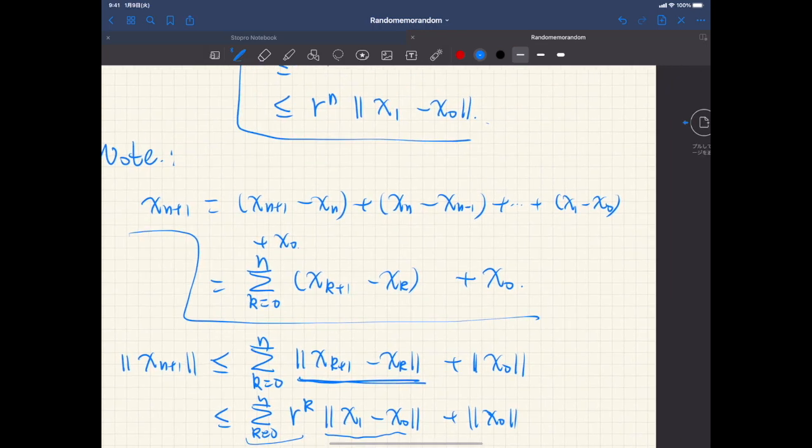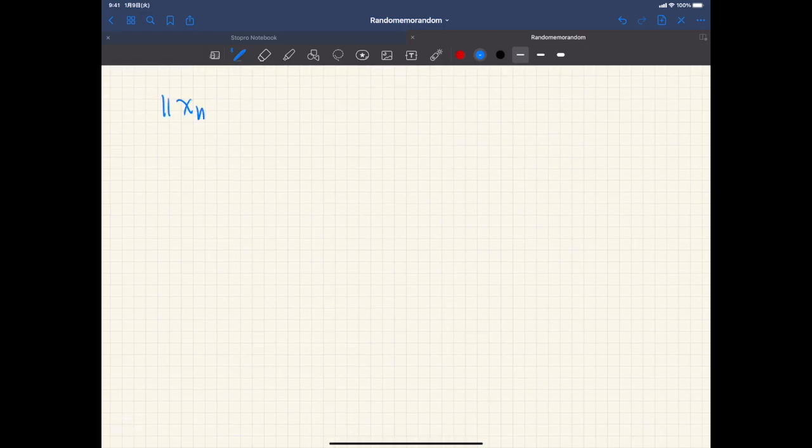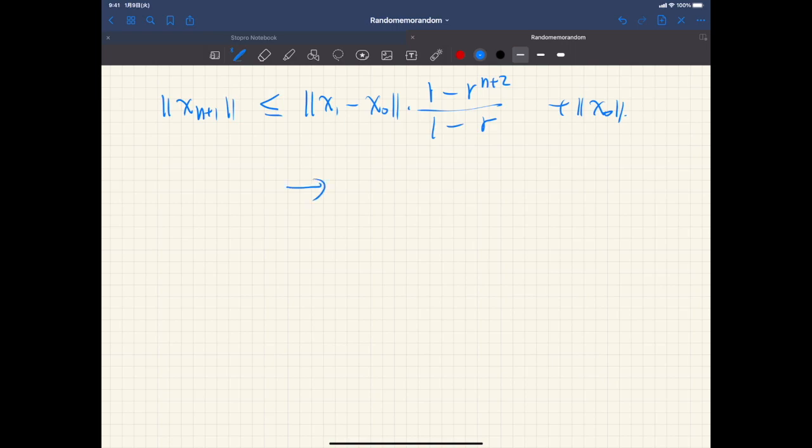After all, this is less than or equal to the norm of x1 minus x0 over 1 minus r, plus the norm of x0.